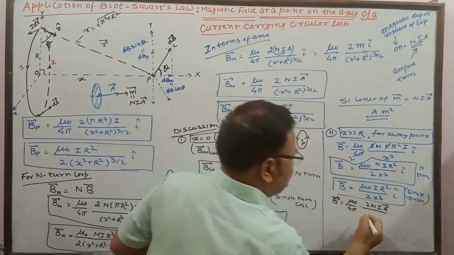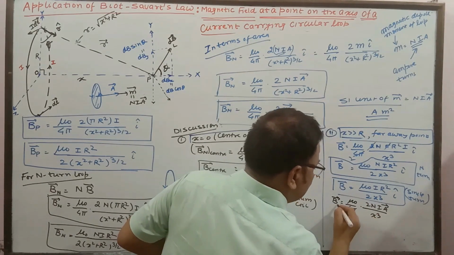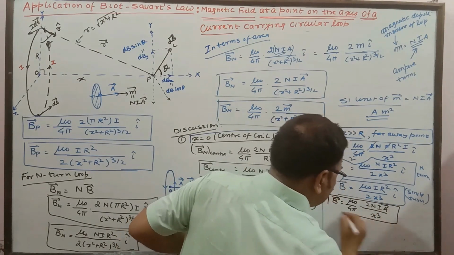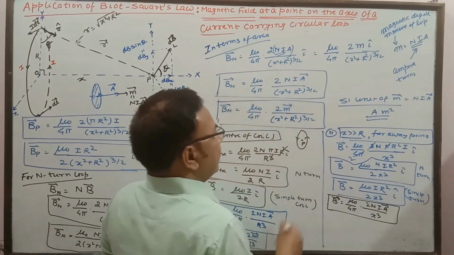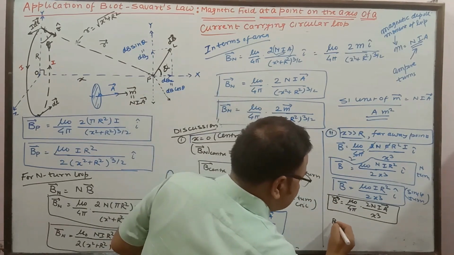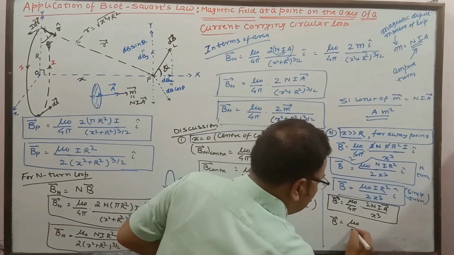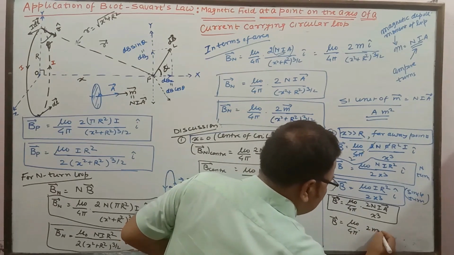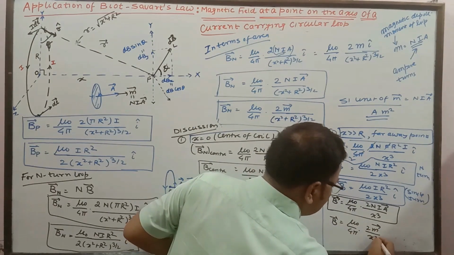This is at very large distance from the coil in terms of area. In terms of magnetic dipole moment, the same thing can be written as mu naught upon 4 pi into 2m divided by x cube.